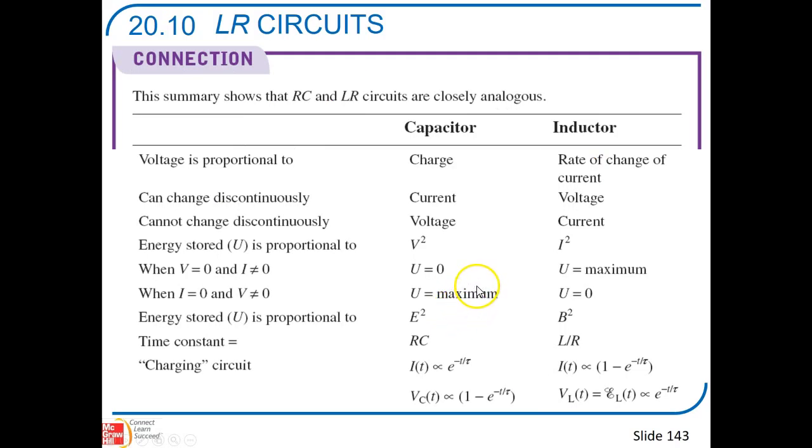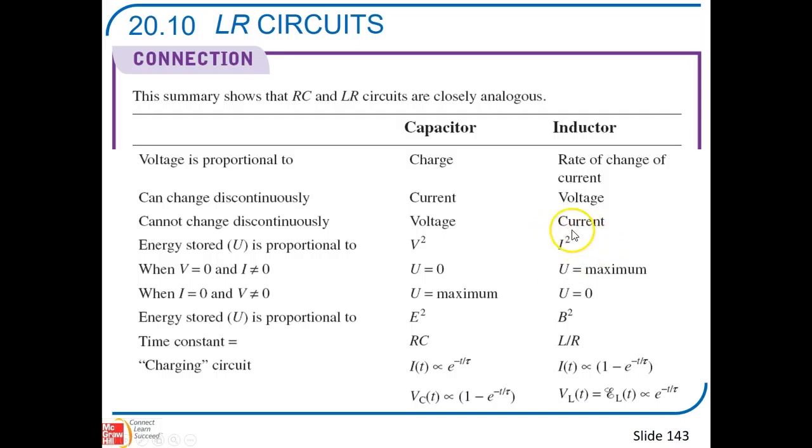Here are some connections between a capacitor and an inductor. In a capacitor, voltage is proportional to charge, and for an inductor it's proportional to the rate of change of current. In an inductor the voltage can change discontinuously, but what cannot change discontinuously is the current. In a capacitor, it's the voltage that cannot change discontinuously.